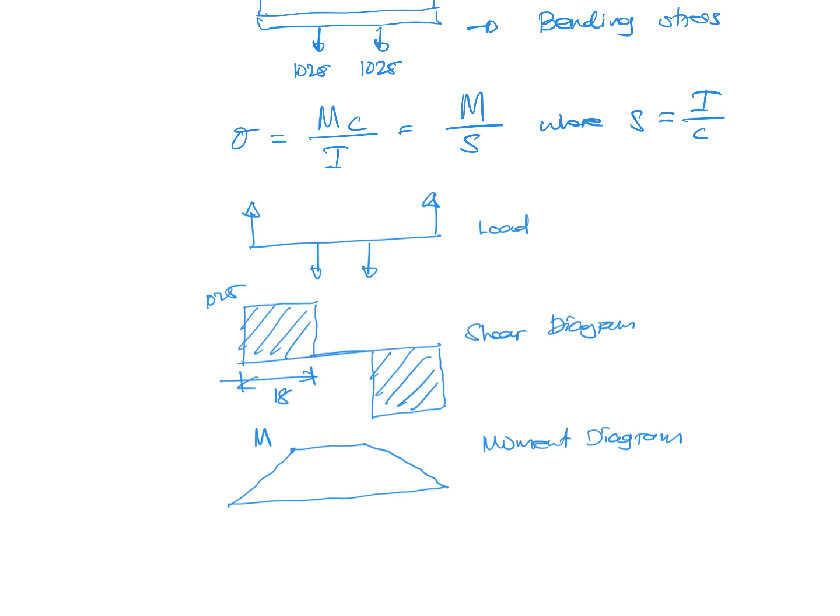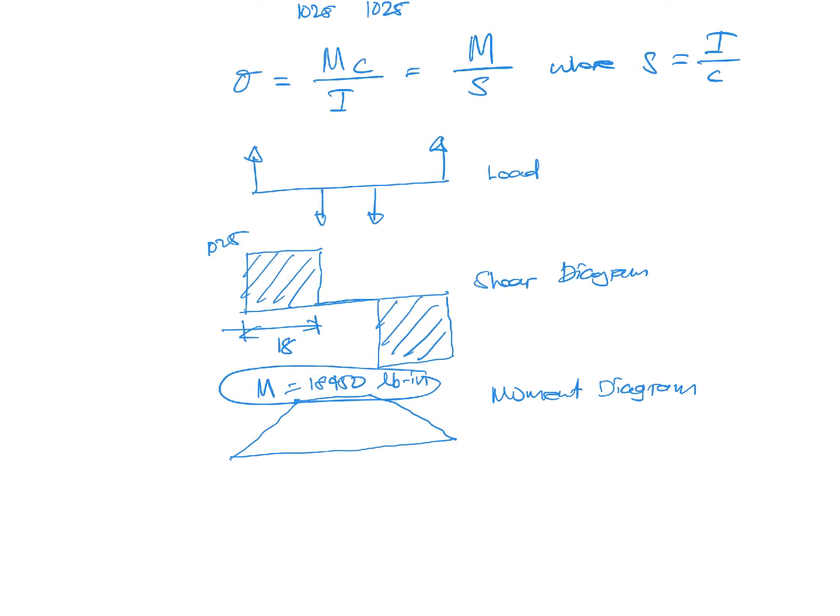That will give us 18,450 pound inch. So now we have calculated our moment. Now we have M over S, so this is equal to 18,450 over S.